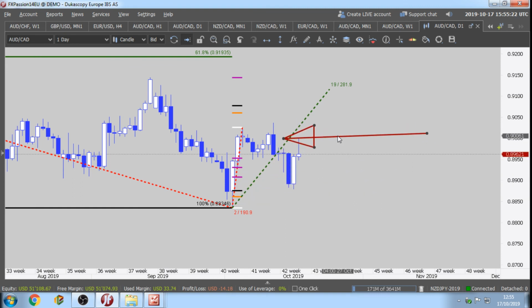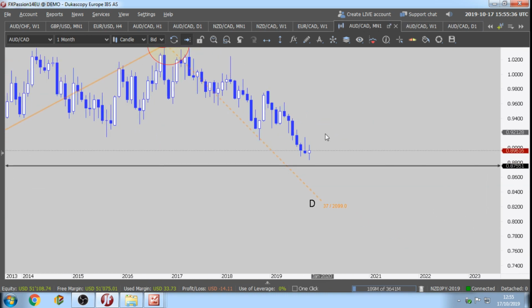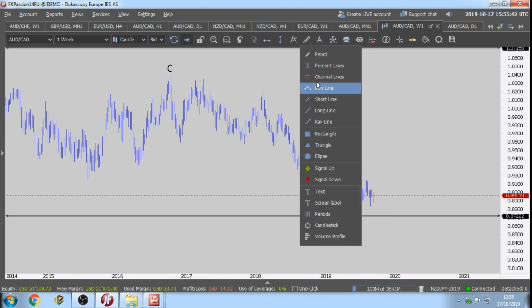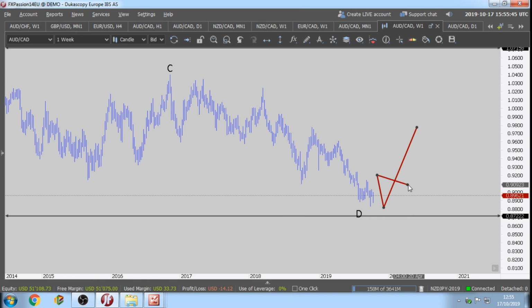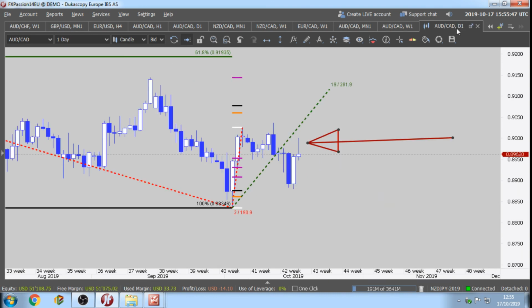Remember, everybody? We said it's 50-50 on the daily chart. So if you are going to short the market, because on the monthly it must fall down, on the weekly it must fall down, and you short on the daily because of this small counter trendline break, this is a 50-50 trade.